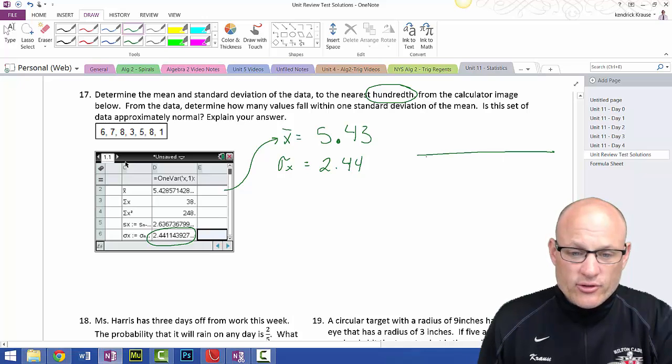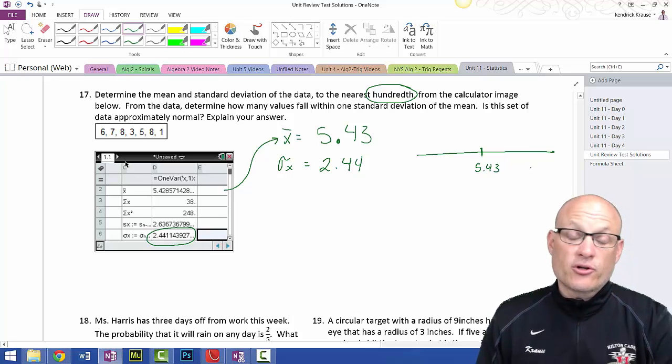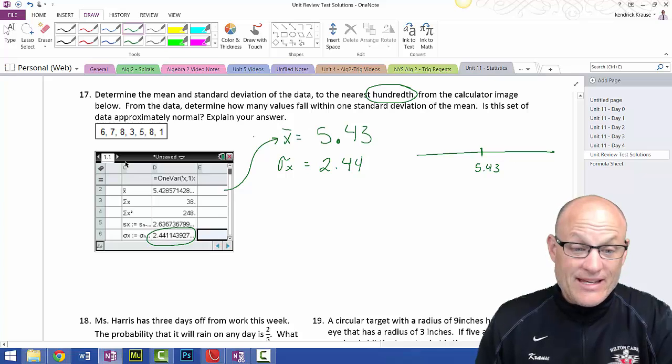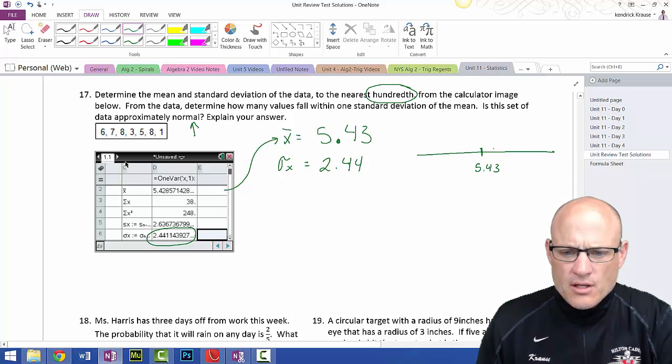So if my data is on a range, I need to figure out, here's my mean, which is 5.43. Now I'm not going to draw the normal distribution curve because I just looked and it doesn't say normal distribution. Eventually it says, is it normal? And we're going to have to make that determination. So I go up 1 standard deviation.